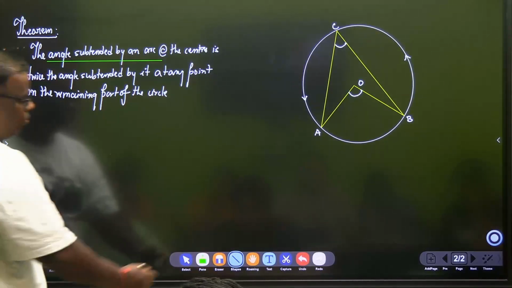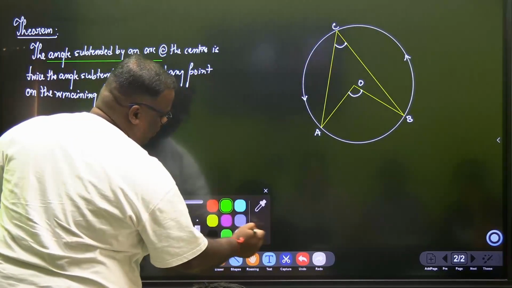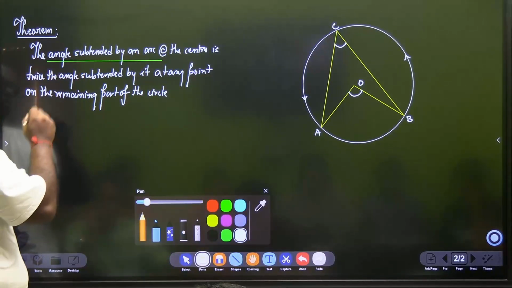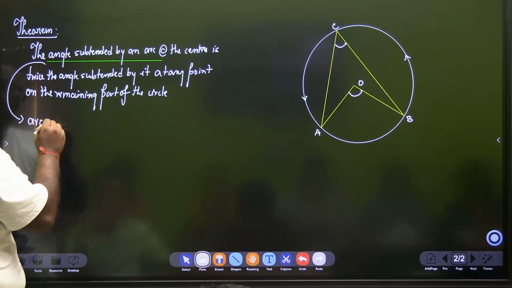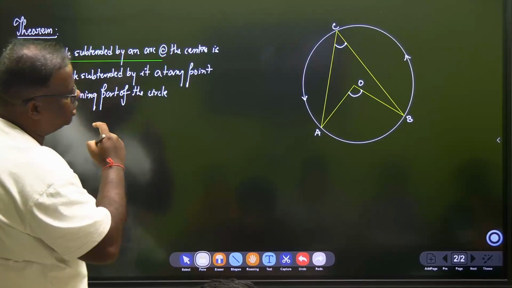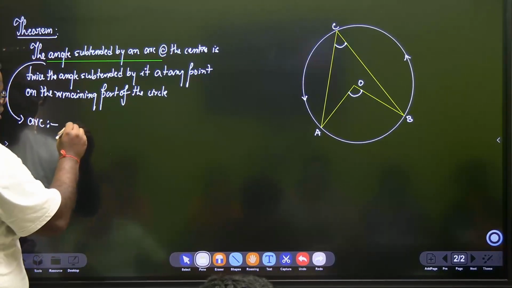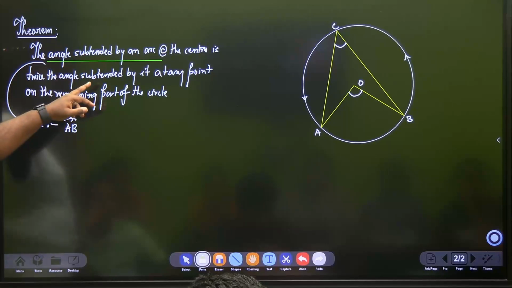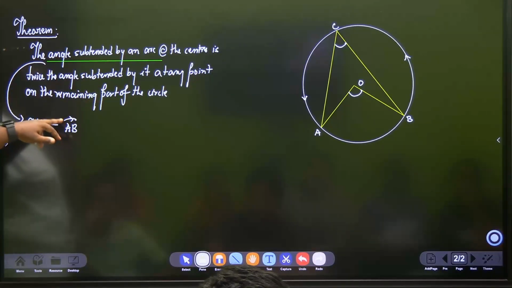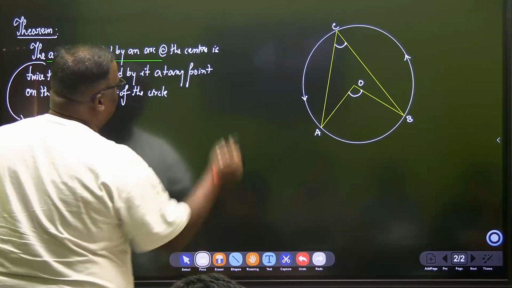So in such a case, first we should have something called an arc. I'm taking my arc to be the minor arc AB. Angle subtended by an arc. Now, what is your arc? Arc is AB. Where are you subtending the angle?